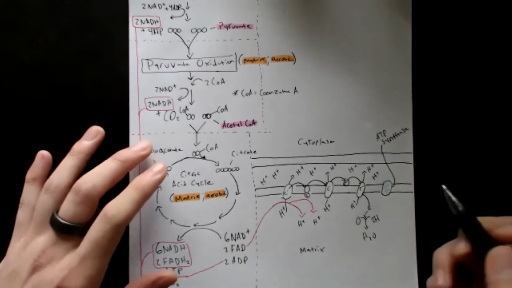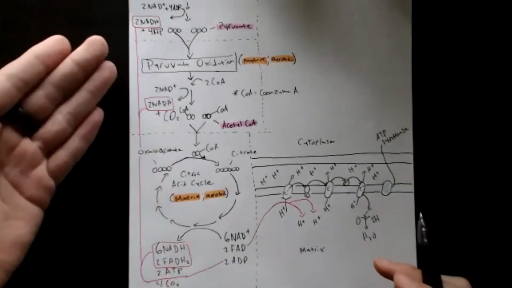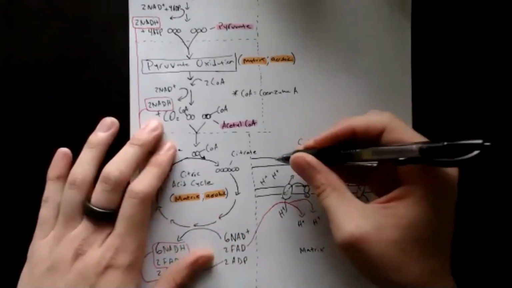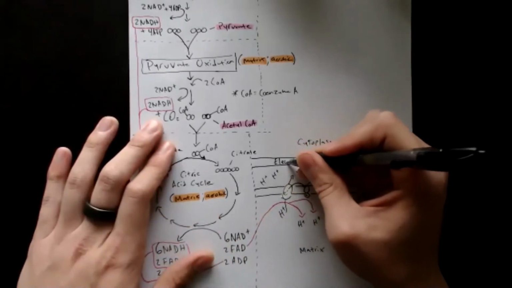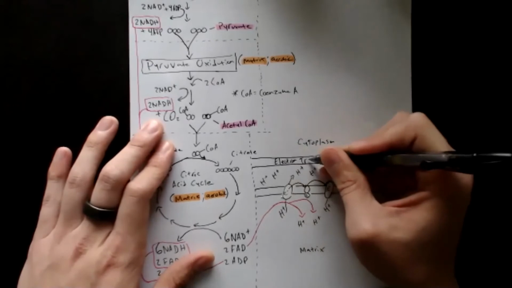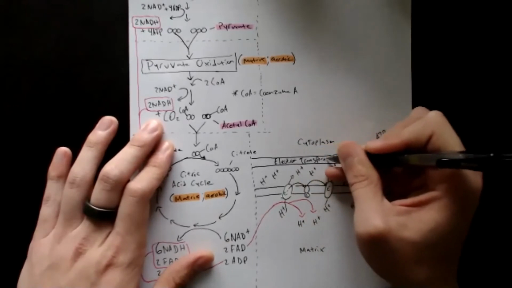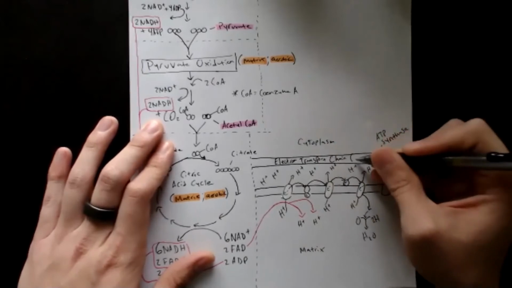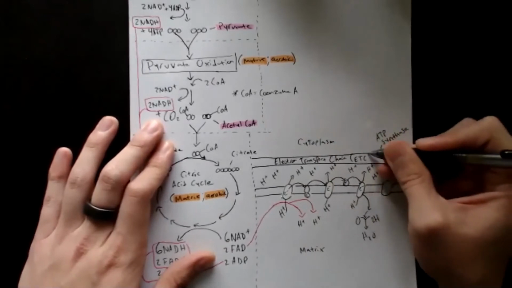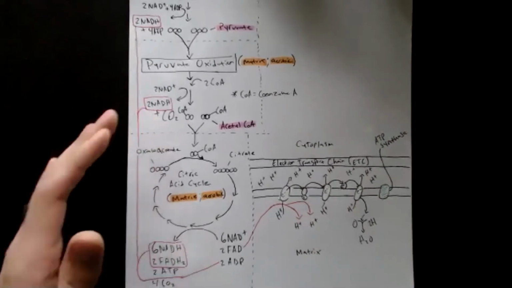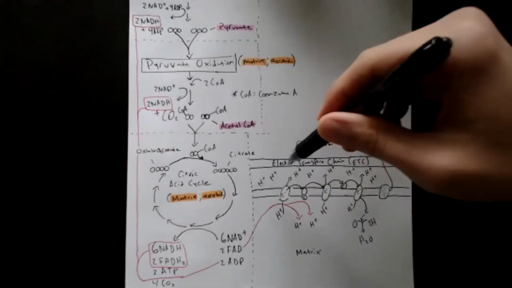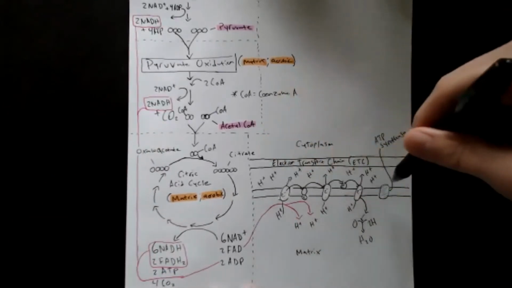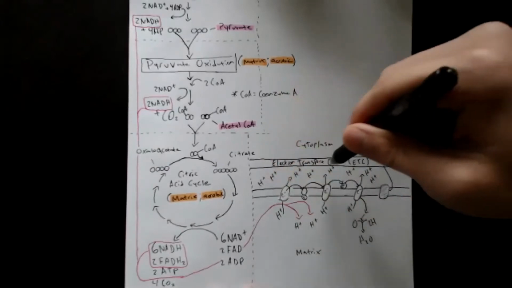Okay. So all of your electron carriers bring their electrons to the electron transport chain. I'll write it here, electron transport chain. Sometimes we just use ETC to denote it. So here's your intermembrane space with all of your hydrogens in there.